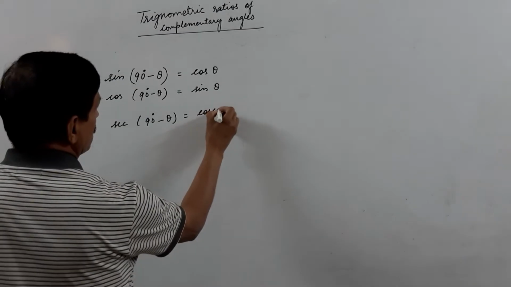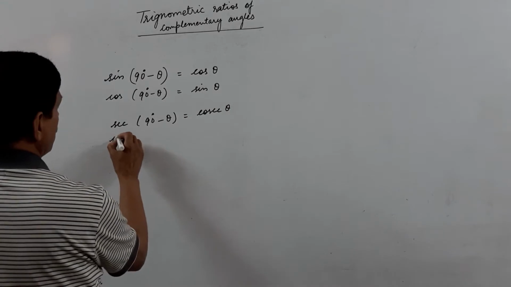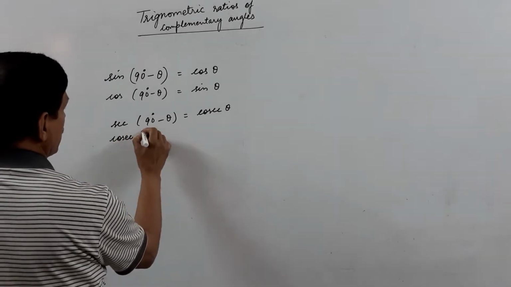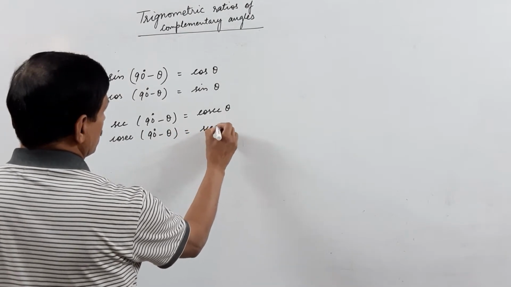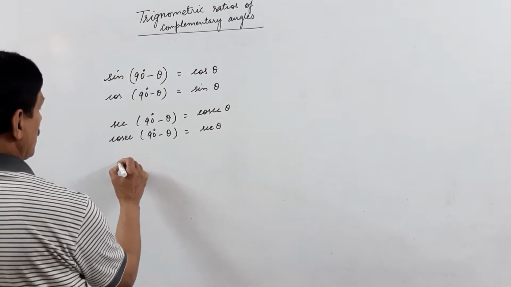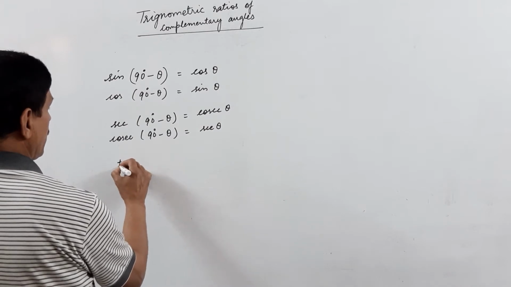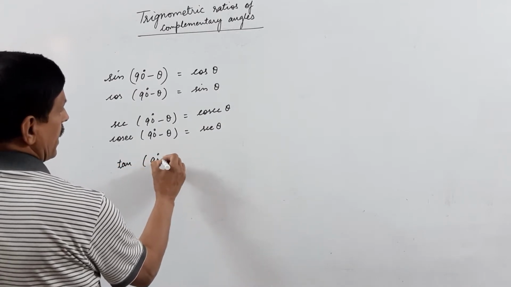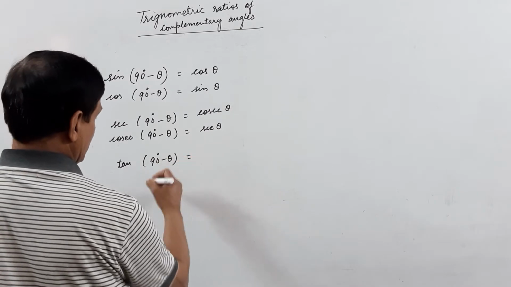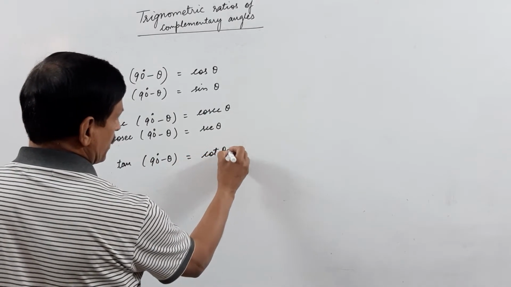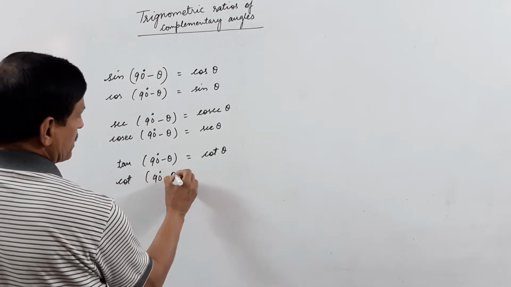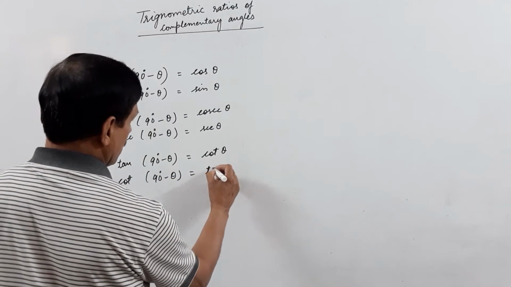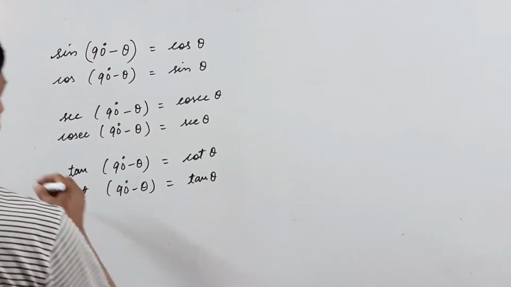Sec(90 minus theta) is equal to cosec theta, and cosec(90 minus theta) is equal to sec theta. Tan(90 minus theta) is equal to cot theta, and cot(90 minus theta) is equal to tan theta.